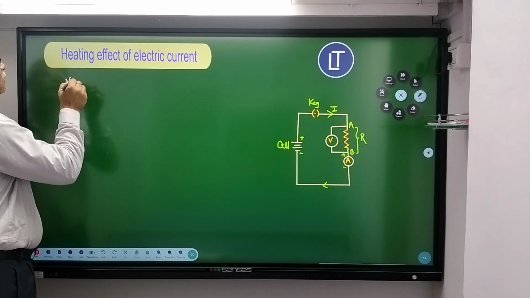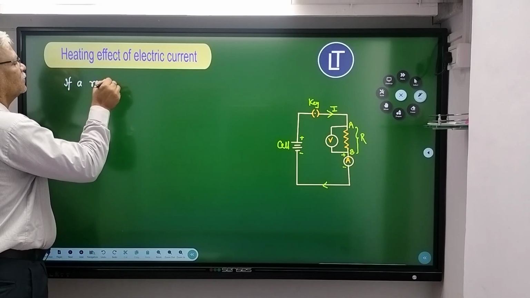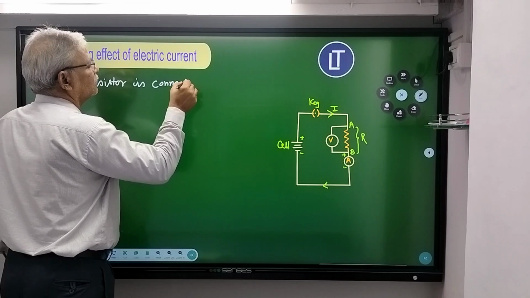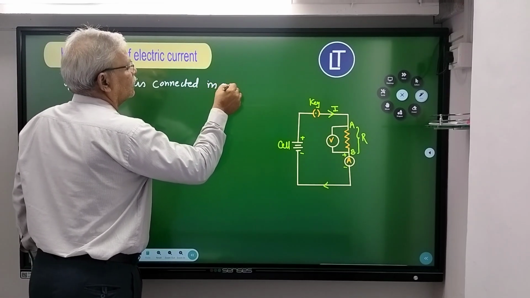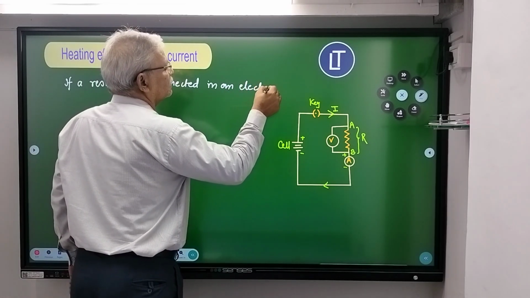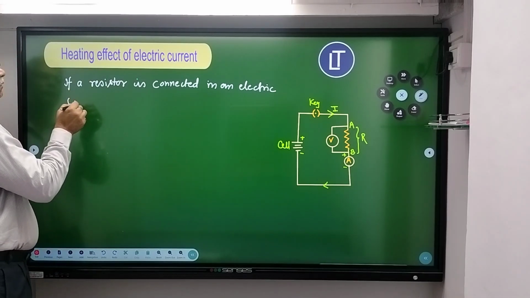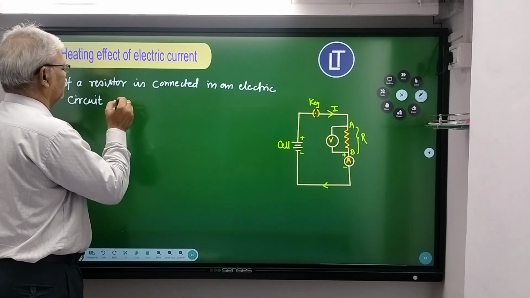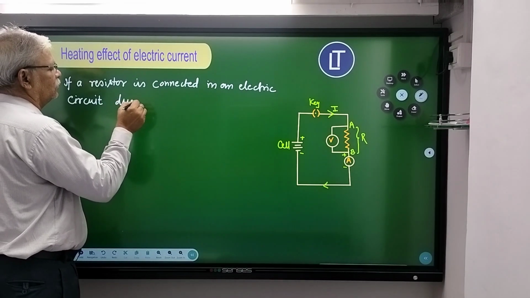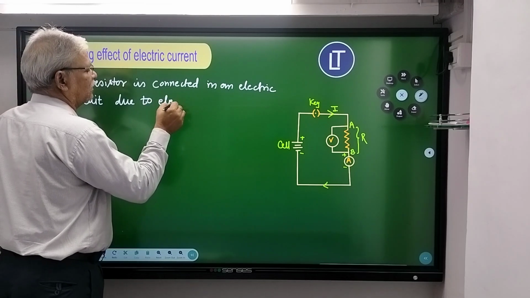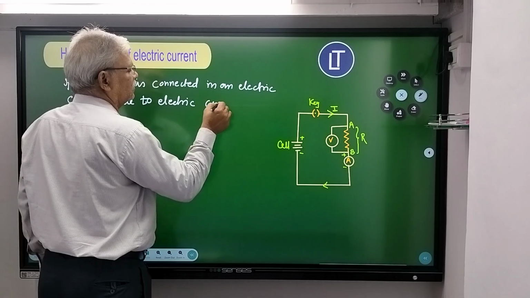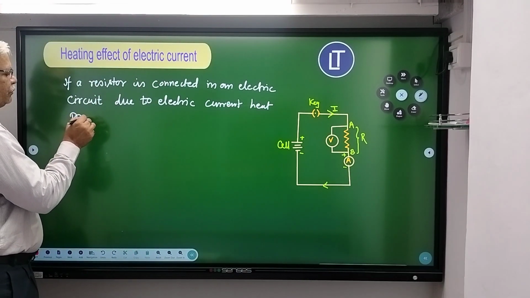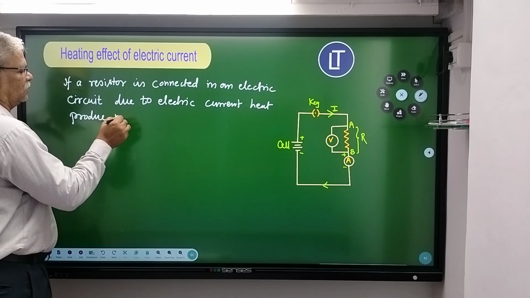If a resistor is connected in an electric circuit, due to electric current, heat is produced in it.